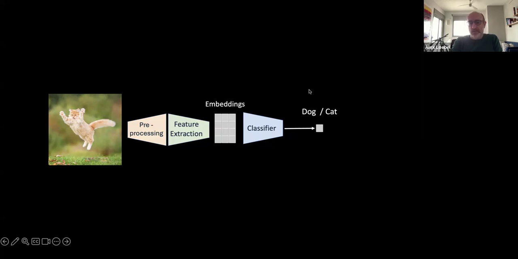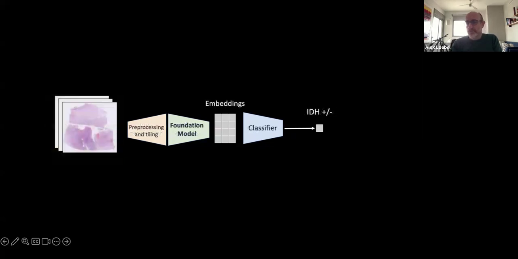Now, a similar architecture can be used to diagnose or classify whether a specific tissue of a glioma patient has an IDH mutation or not, directly from the H&E slide. And it also allows us to explain what the model has done.